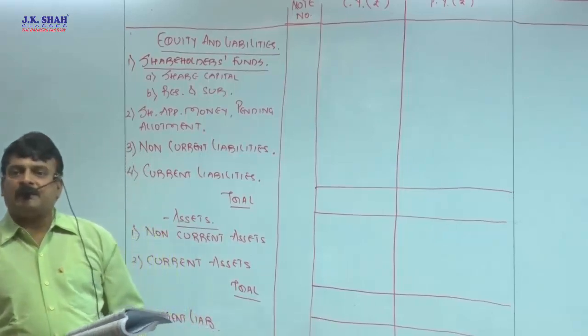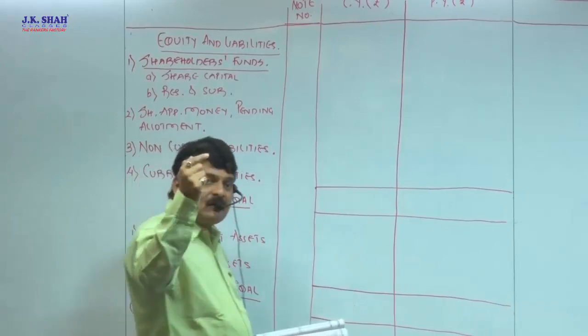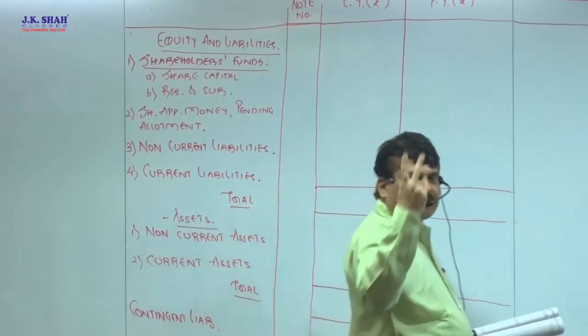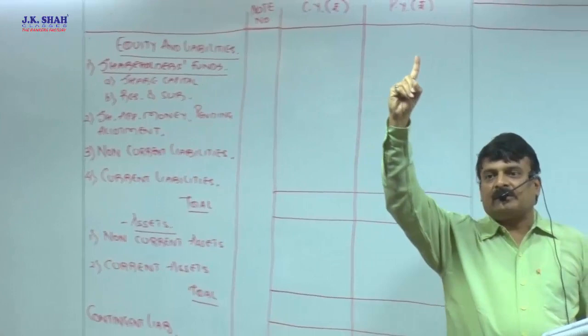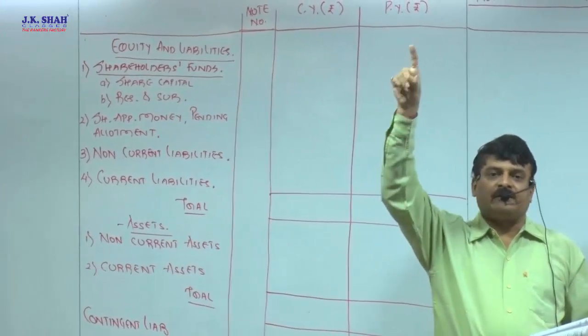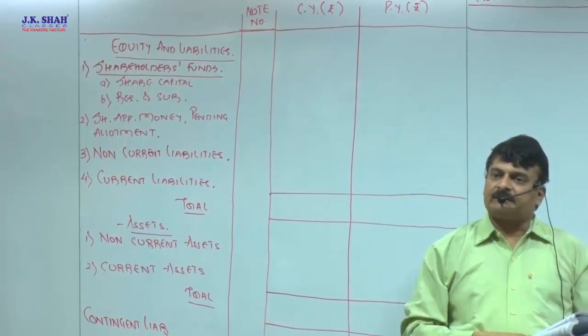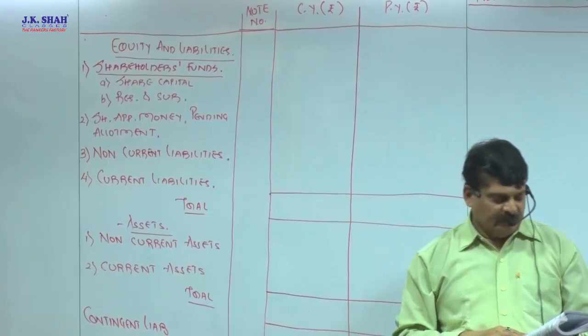Trade payables. Anything payable out of trading activities. Simplest, best examples. Trade creditors means sundry creditors from whom we bought goods on credit. And second, bills payable.